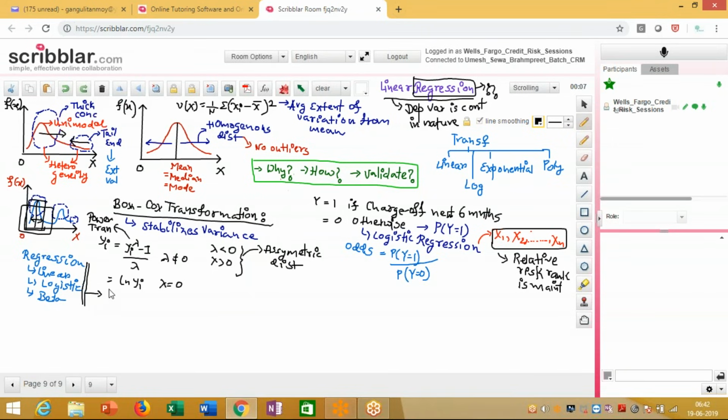So the first and biggest question is: what is regression?